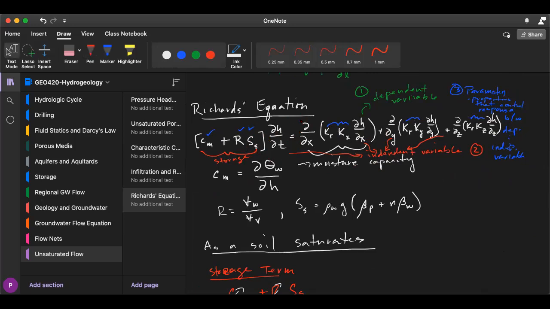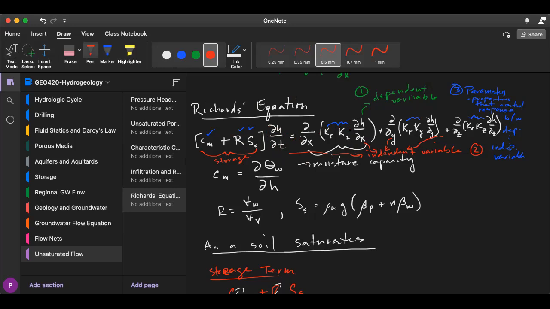What do you think? What does steady state mean? So is this equation here transient or steady state? It's transient. This is not equal to zero. The head is changing with time.